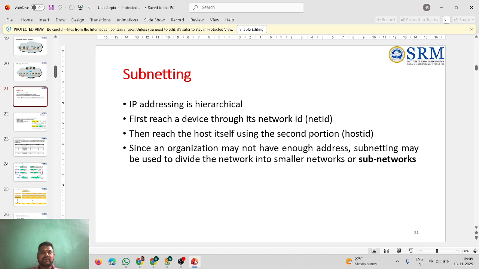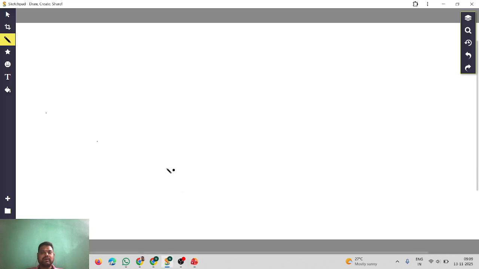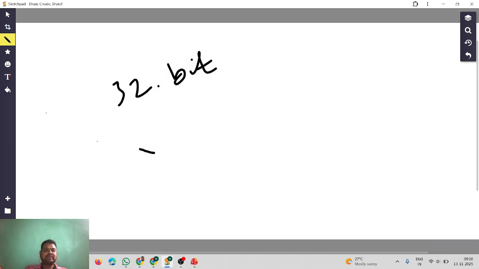As we know, an IP address consists of two components. IPv4 is a 32-bit address, and each 8 bits are separated by a dot. It is also called dotted decimal notation.